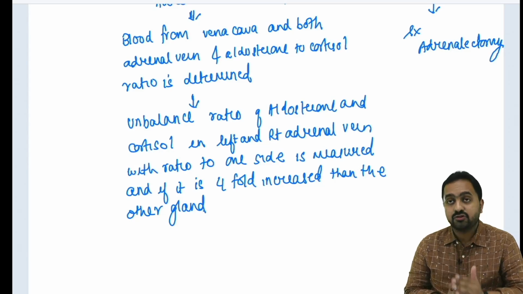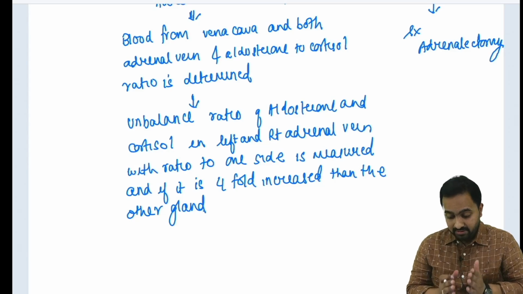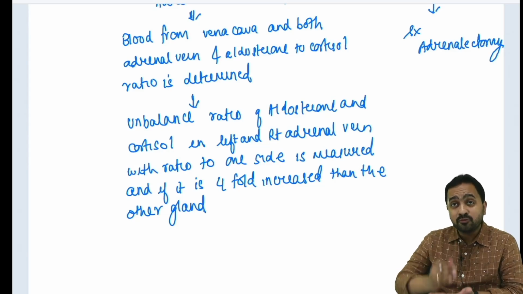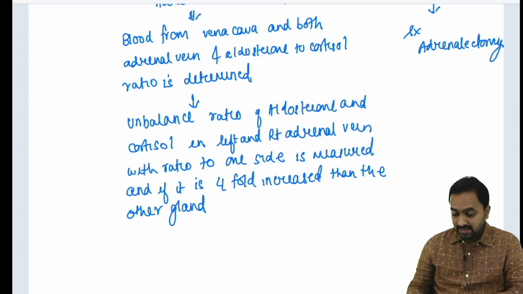The unbalanced ratio of aldosterone and cortisol is determined in the left and the right adrenal vein, with the ratio of one side being fourfold high compared to the other gland, then it is said to be lateralized.